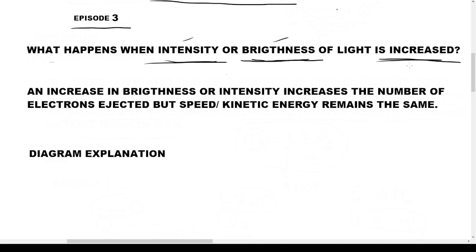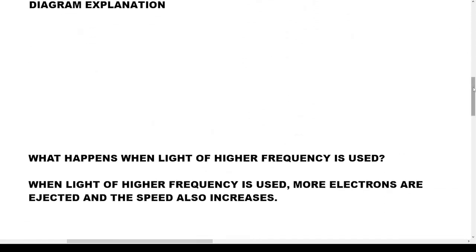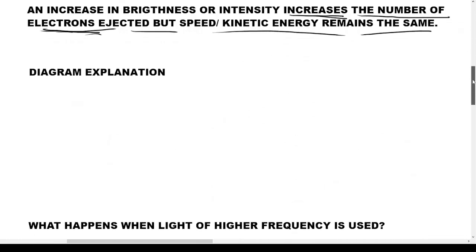If brightness or intensity is increased, then what happens is that the number of electrons ejected will increase, but at the same speed, meaning the same kinetic energy. In other words, an increase in brightness or intensity will cause an increase in the number of electrons ejected, but the speed is not affected.